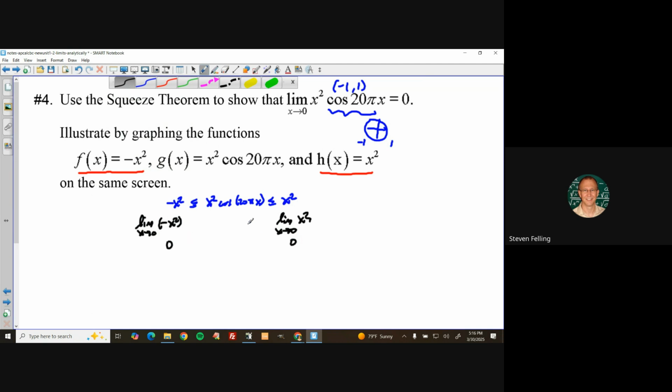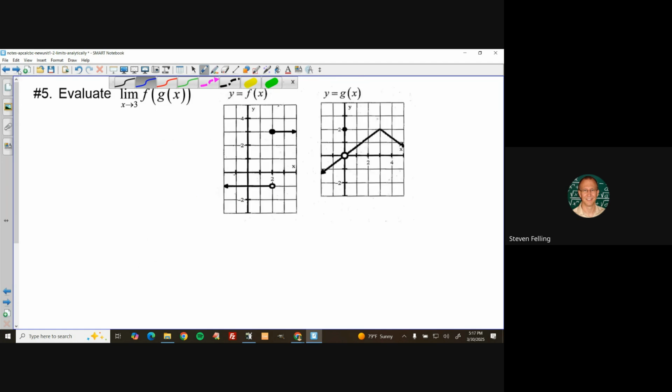And since those are both the same, you can therefore say, by the squeeze theorem, the limit as x approaches 0 of x squared times cosine of 20 pi x is also equal to 0 because it's squeezed in between the two to also be equal to 0. All right, so that's an example of the squeeze theorem.